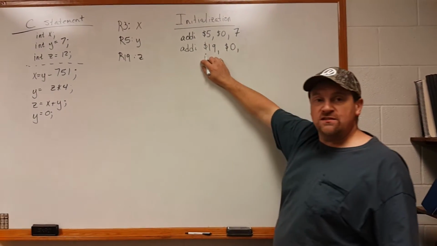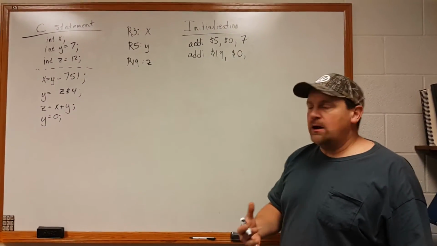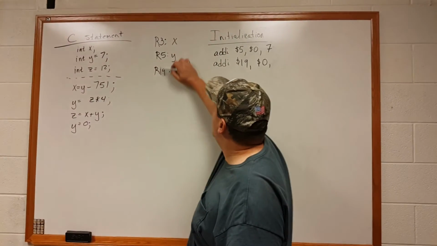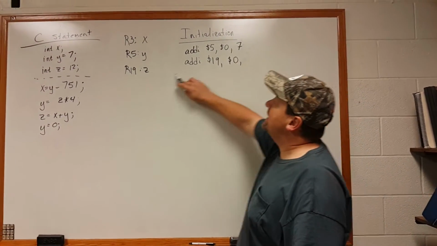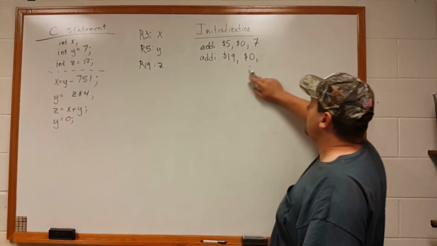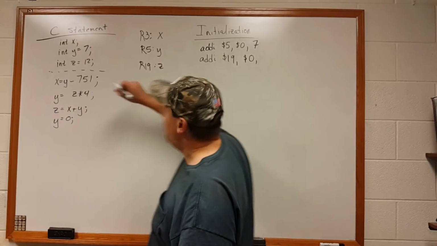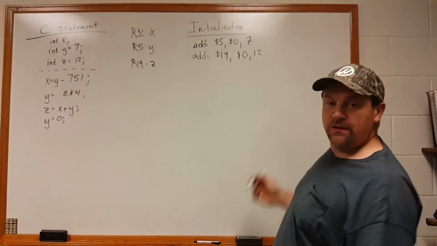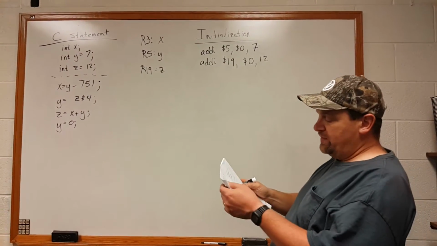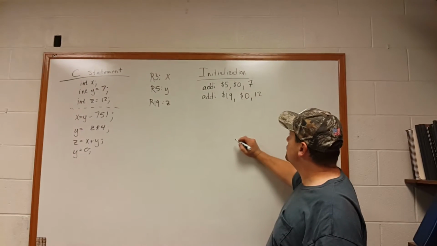Now when we're writing assembly code, we use the dollar symbol, but when we think about registers, we use the R. So add immediate into 19, which is Z, the value 0, and then the constant 12 that we want. Okay? And there's no semicolons or anything as we write this. We just have a line break. All right, that's the initialization.